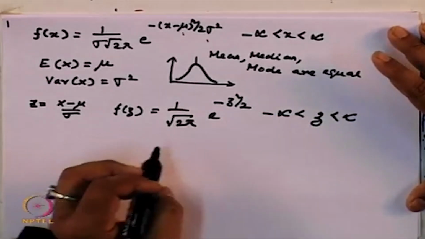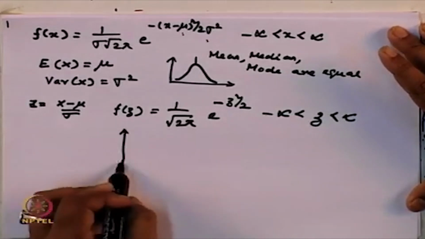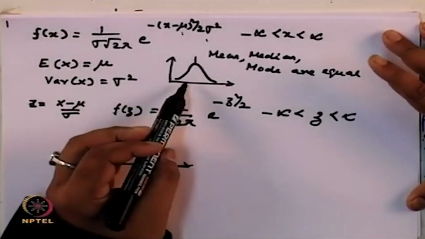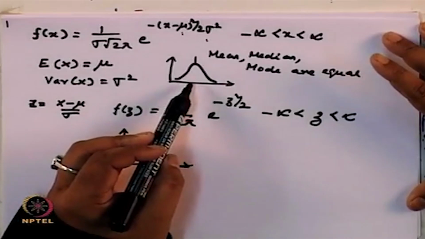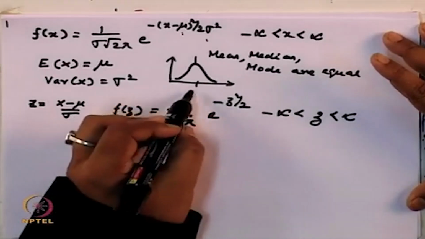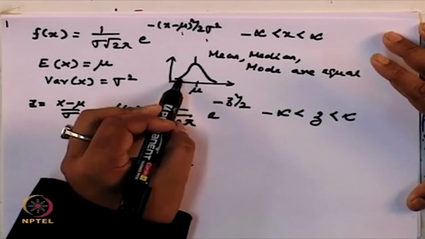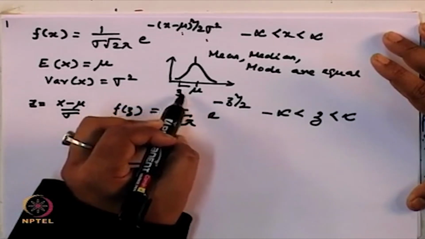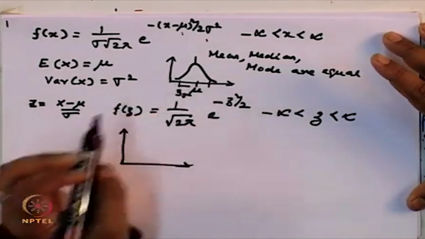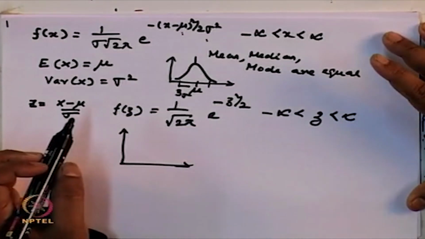In this case, the regular normal distribution has mean mu and variance sigma square. So, roughly mu plus minus 3 sigma will contain all your data.